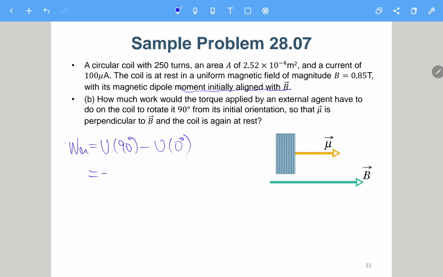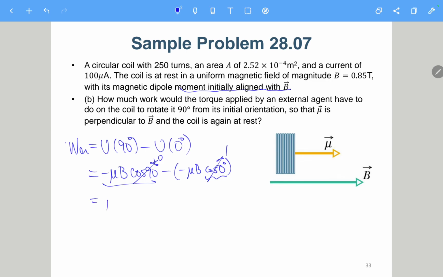So it is negative mu B cosine of 90 degrees minus negative mu B cosine of 0 degrees. Cosine of 0 degrees is 1, and cosine of 90 degrees is 0, so that whole term is 0.